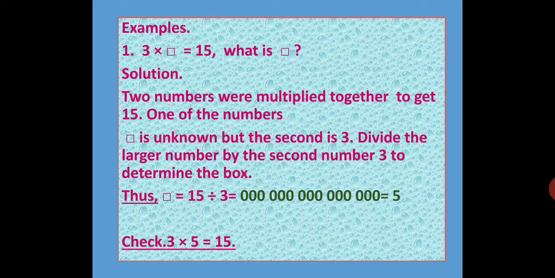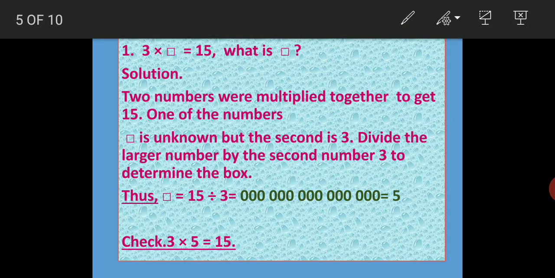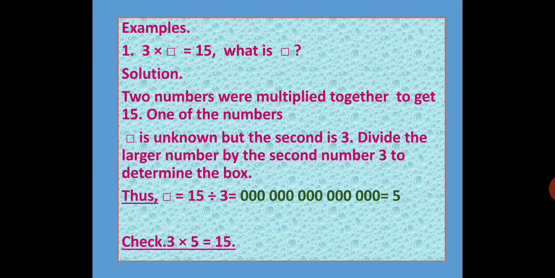Now, here I'm going to use 0 to represent my counting. So here I have 15 zeros counted out in groups of 3. If you count the zeros that are there, there are 15.